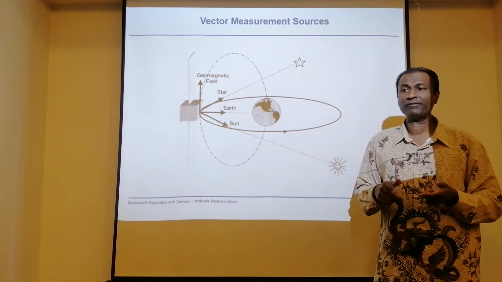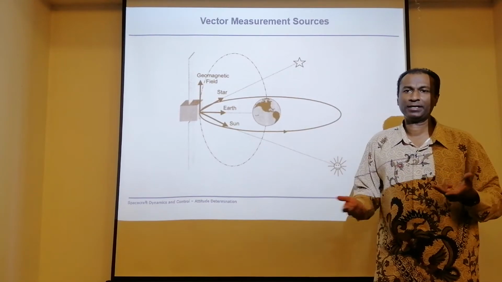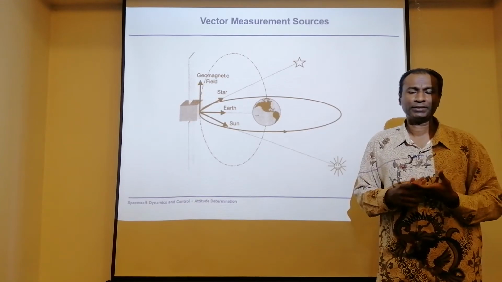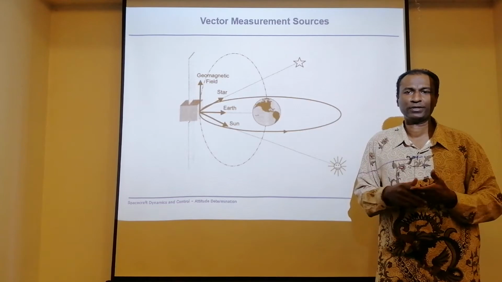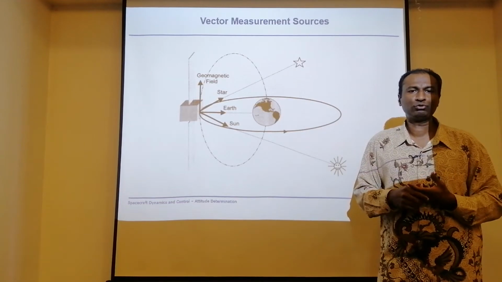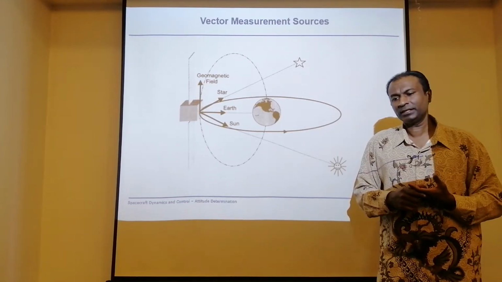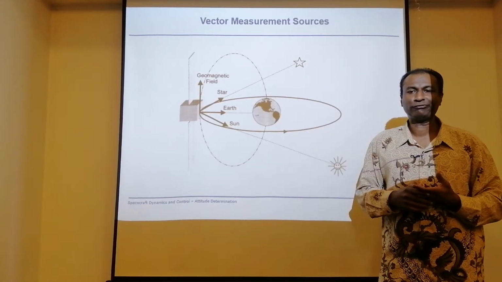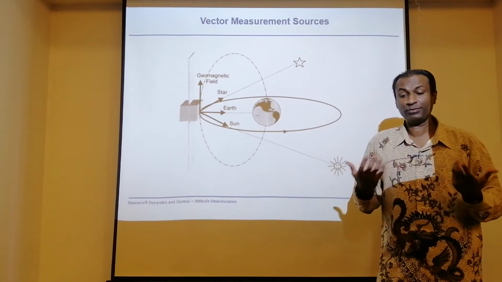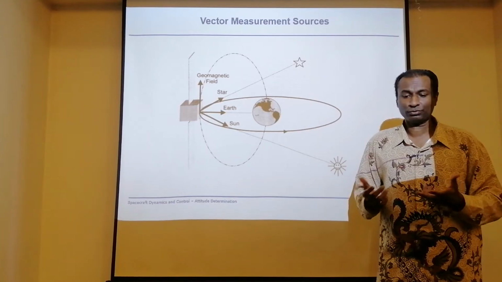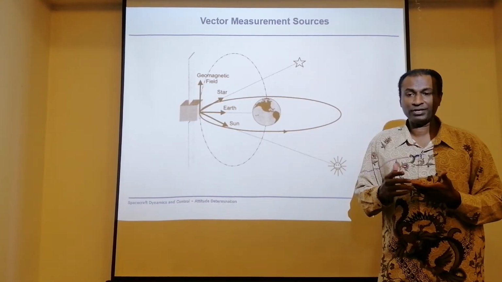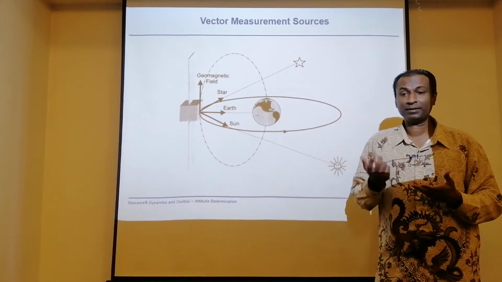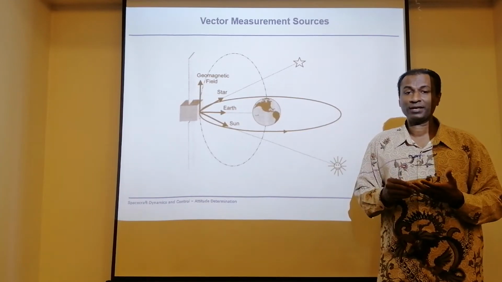At the same time, we also use it in control actuators, passive and active, through magnetotorquers, having the magnetic field as a source of torque. So the magnetic field not only disturbs us, it also helps us induce torque. On the other hand, it also helps us to navigate.